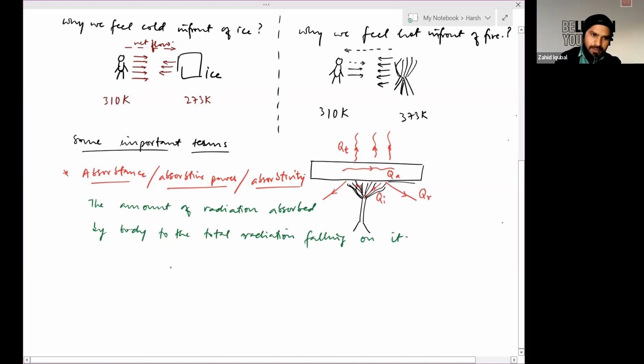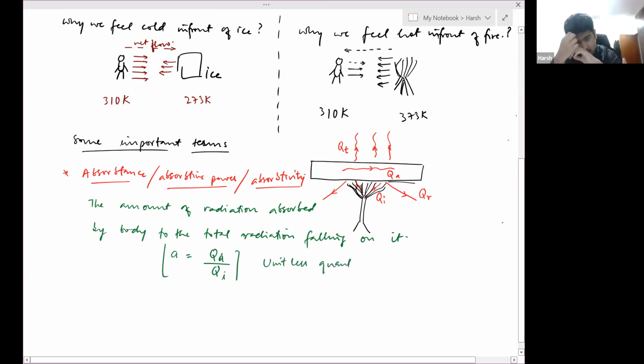It is represented by A, which is Q absorbed by Q incident. And since it is a ratio of the same quantity, that is heat, it will be unitless. Is it clear? Yes, sir.